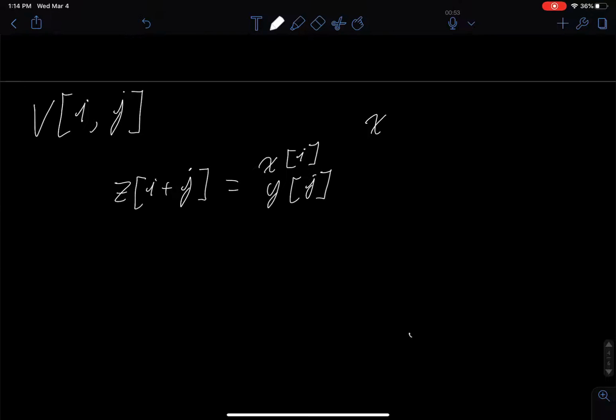Let's say x has a bunch of characters, and then ends in an A. At least this is the first i characters of x.